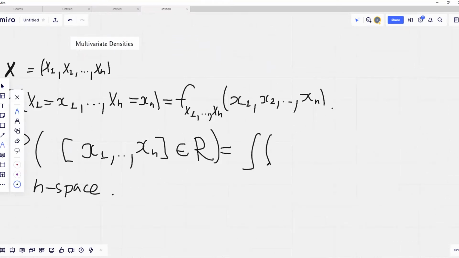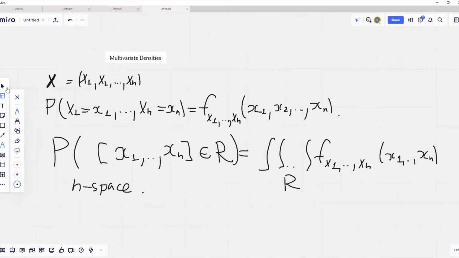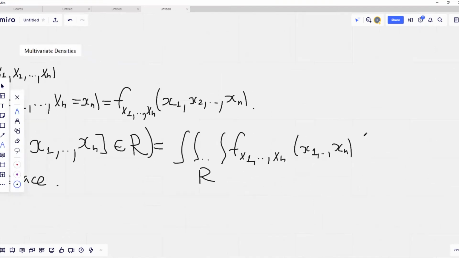We'll have n integrals here over the region R of our multivariate PDF, dx1, dx2, and so on for each of these integrals, dxn.